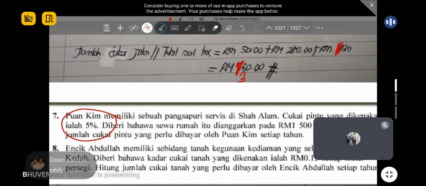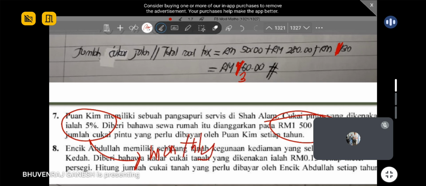That's why we need to convert this one to tahun. Do you understand now? If this one is monthly, kalau ni bulanan, why do I need to convert this value? Mengapa saya kena convert? Because it's already in bulan, so I can directly times. So that's the logic. So why do we times 12? Because this is yearly. Nilai ni secara tahunan. So that is the answer.